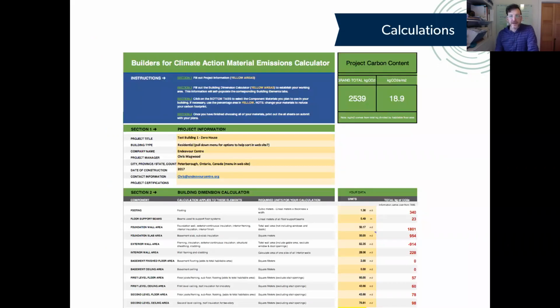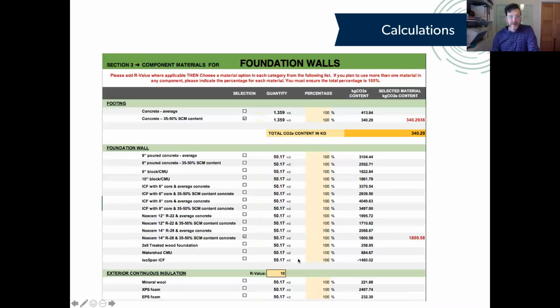In its spreadsheet version, it looks like this, where you put in the area of your building and all your key building dimensions, and then you go through the different tabs. On the foundation tab, say you're going to use a high SCM concrete instead of a regular concrete.